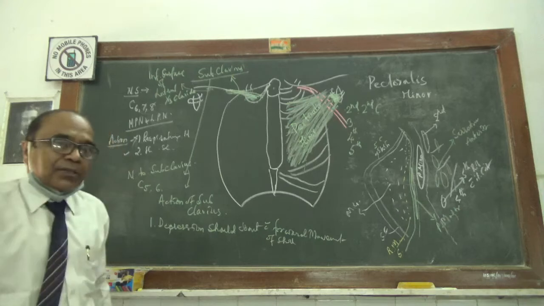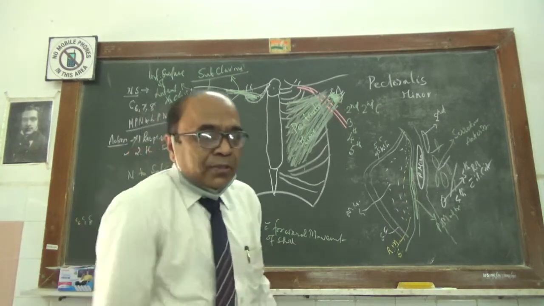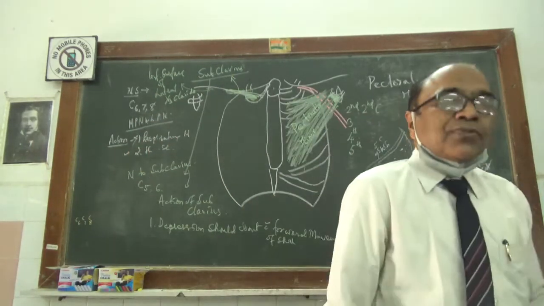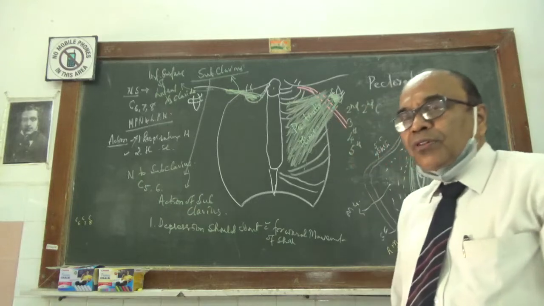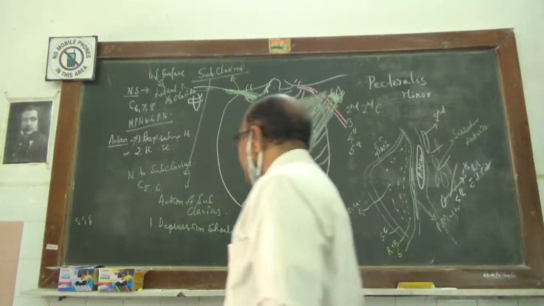So it is nothing but a depression and the forward movement, which means flexion of the shoulder joint or forward movement of the shoulder joint.